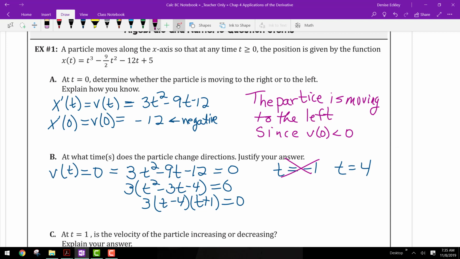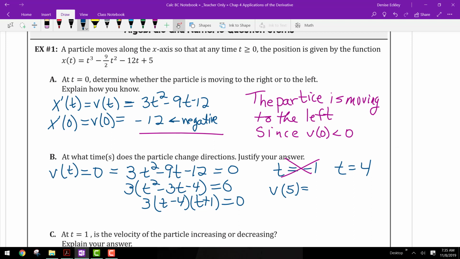So what we're going to do is look at 4 seconds, and so we know before that time that the particle was moving to the left because our velocity was negative. So let's just look at the next second. Let's see what's happening at v of 5.